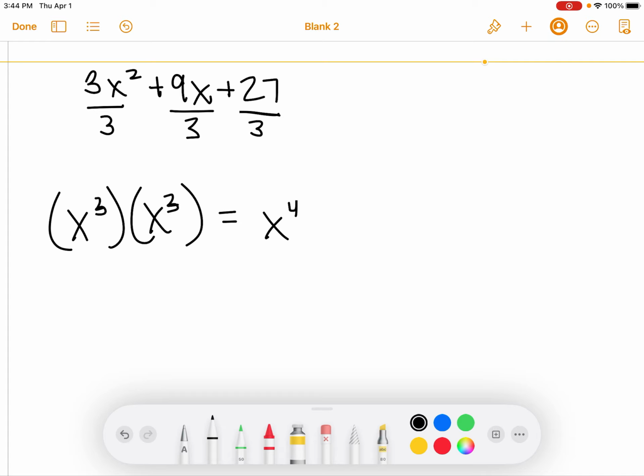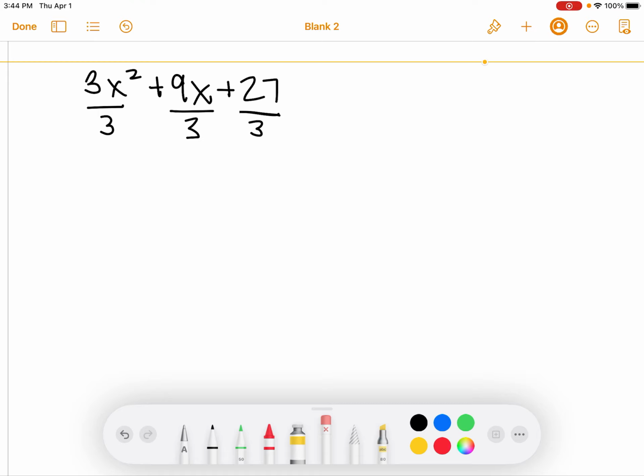So let's pretend those were 3's. You might think they would be to the 9th, but it's actually to the 6th because you add the exponents, not multiply them. And when you divide them, let's say x to the 5th divided by x to the 3rd, you subtract them. So you don't get x to the 5/3. That would be terrible. You get x squared.